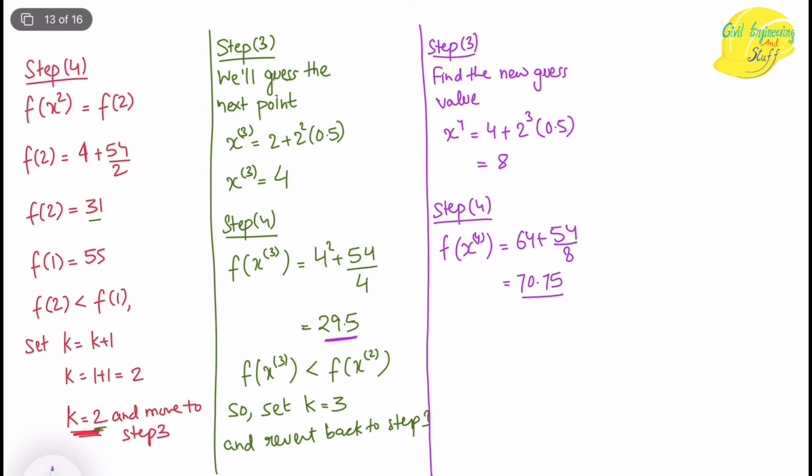So now we have to find the iteration in which f(x_k+1) is greater than f(x_k). In this case f(x_k+1), which is 70.75, is greater than 29.5.